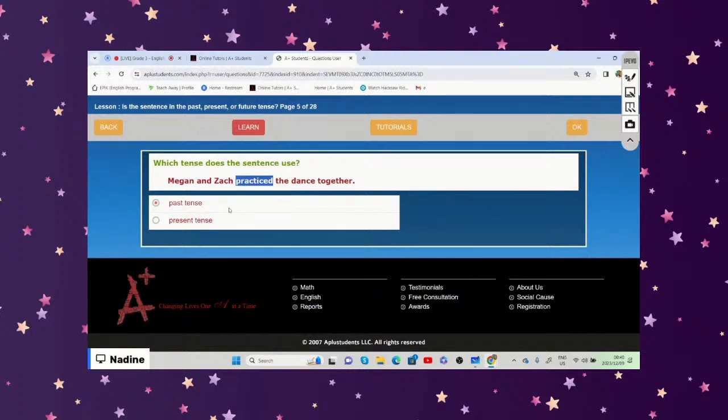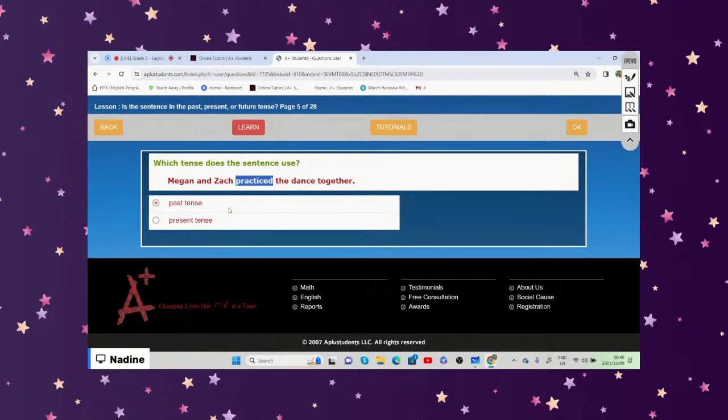Remember, practiced. Remember, we said that a regular past tense ends either in d or in ed, right? Because I practice the dance, like we practice the dance together, which is now in the present, and in the past, we practiced the dance together.